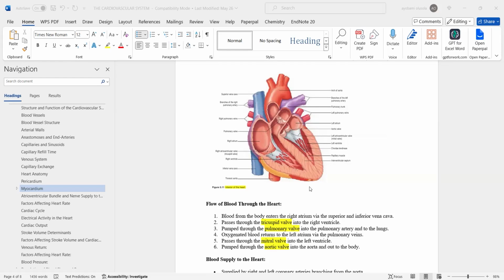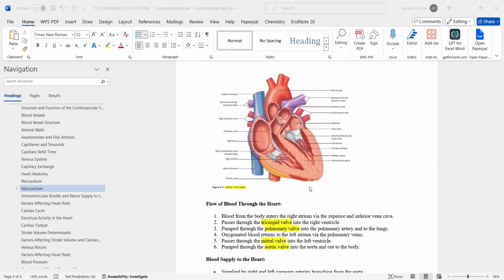Okay, sir. The blood flows to the right atrium from the lower part through the inferior vena cava, and from the upper part through the superior vena cava. From the right atrium it goes to the right ventricle.